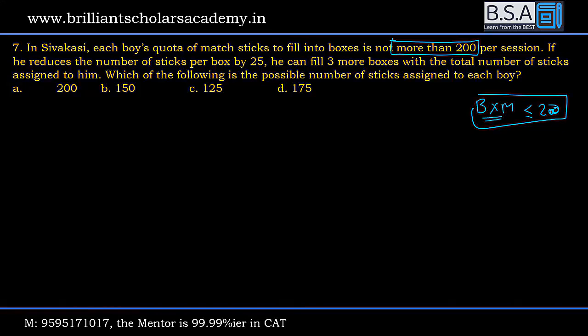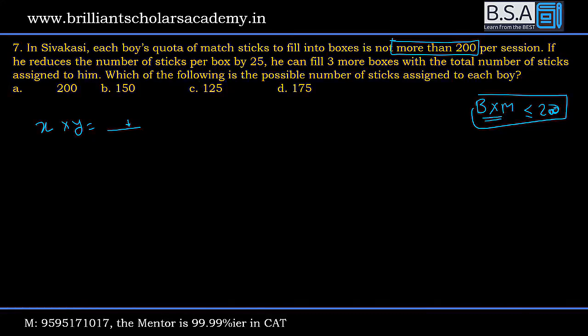There's a hint about fewer sticks per box. If sticks are decreased per box, there will be more boxes. If I imagine the number of boxes is X and the number of sticks in every box is Y, this is what I need as an answer.